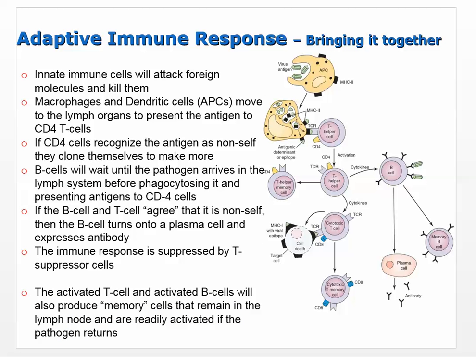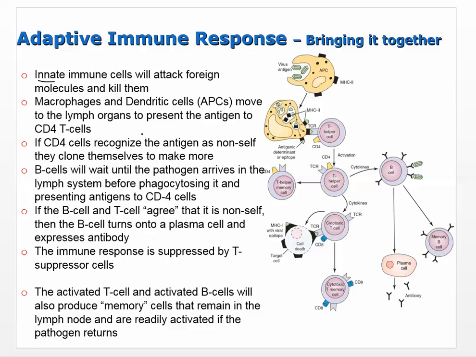Okay, so this is just kind of a summary slide. You can read through it on your own. I'm just going to read through it very, very quickly. Innate immune cells will attack foreign molecules and kill them. So that was the innate immune system. Macrophages and dendritic cells act as professional antigen presenting cells, and they will present that antigen to the CD4 T cells, which are helper T cells.